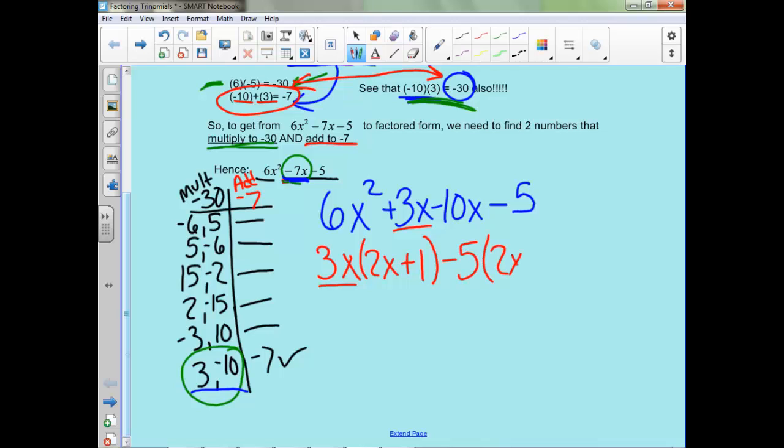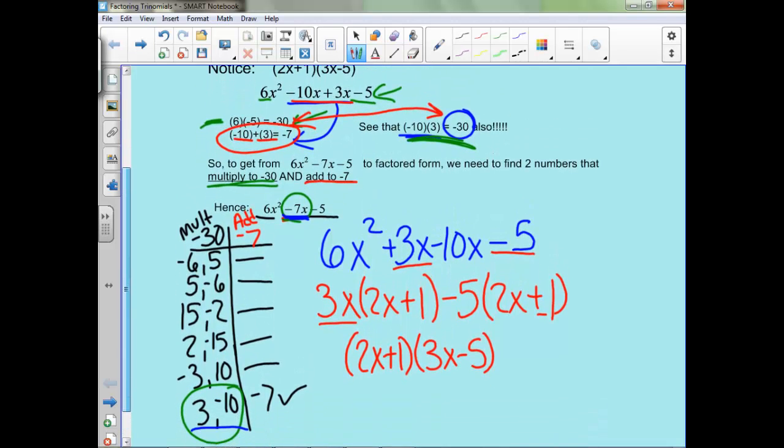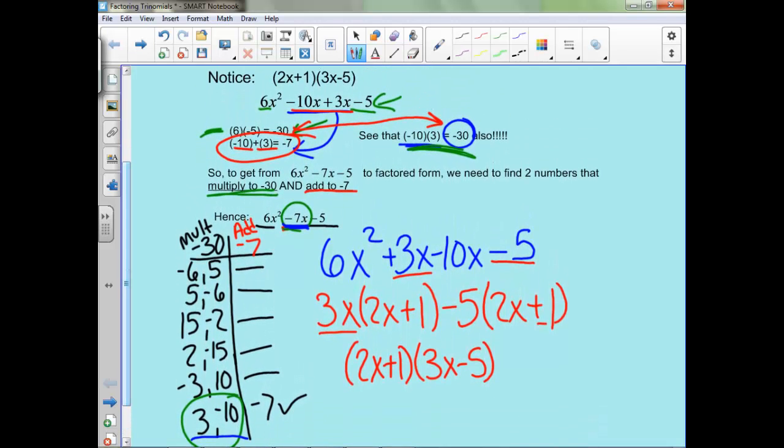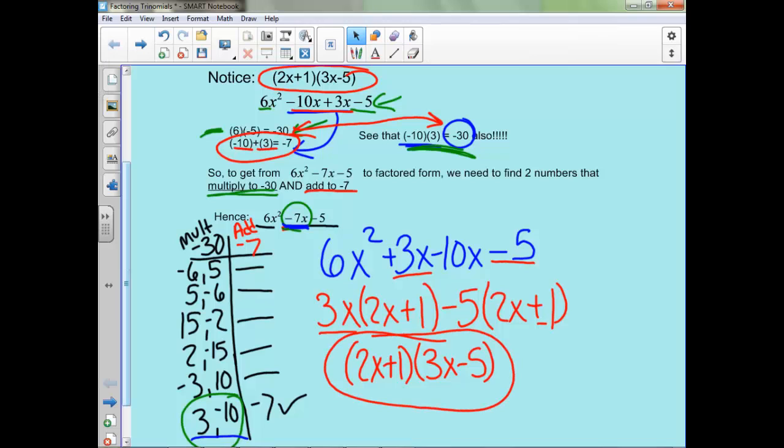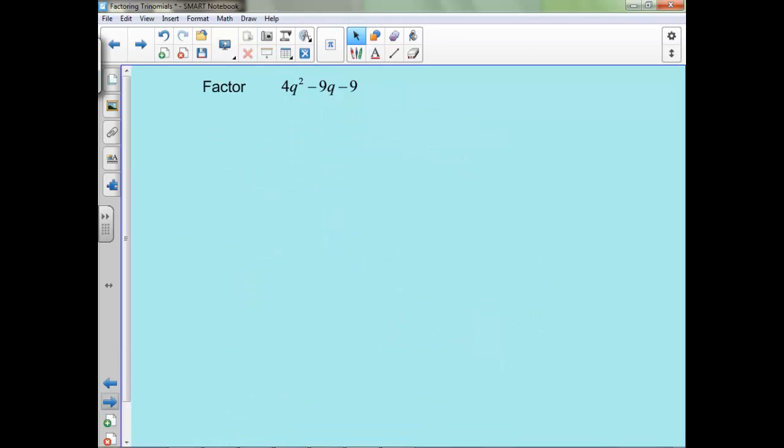We're left with 2x plus 1, because remember a negative divided by a negative is a positive. So now we can take this 2x plus 1 from both, and we're left with 3x minus 5. And notice that is what we wanted from up here, this 2x plus 1 times 3x minus 5. So we're good. We're going to be using this method for factoring trinomials.